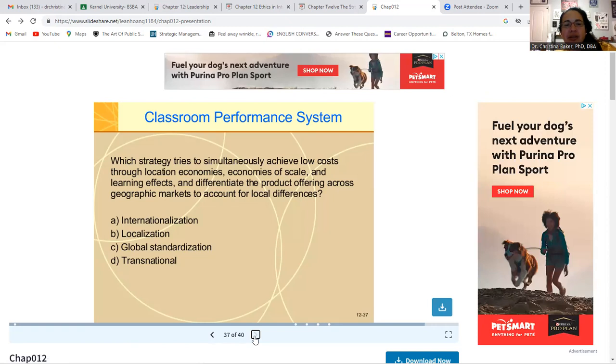Is it international, localization, global standardization, or transnational?